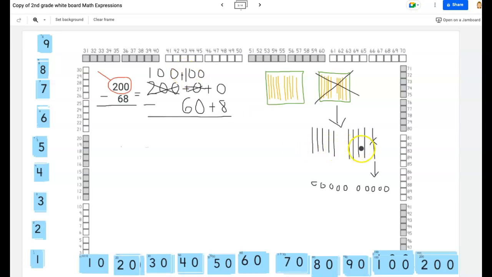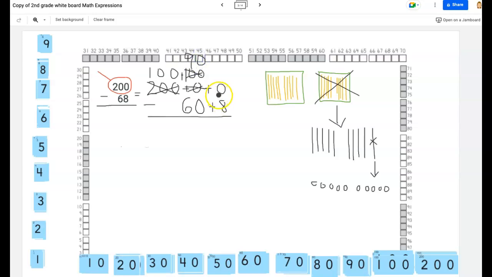How many tens are here? 1, 2, 3, 4, 5, 6, 7, 8, 9. So it's not 10 tens anymore, it's 9 tens. And if you count by tens, you'll see that it's 10, 20, 30, 40, 50, 60, 70, 80, 90. So this isn't 100, it's actually 90.